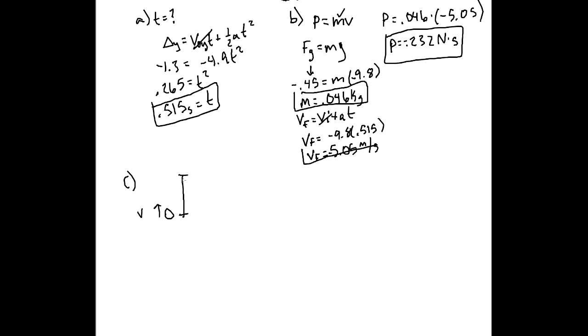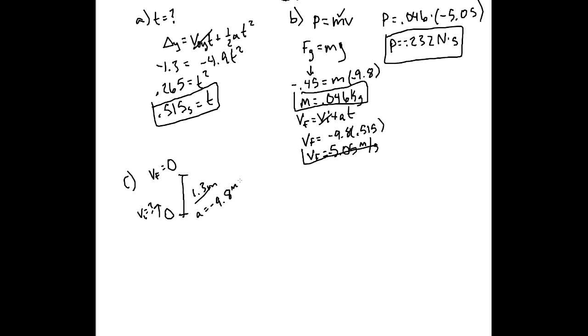So it says it bounces back up to its original height, so that means it's going to travel up 1.3 meters. Now, the speed at the very top is going to be 0. So I need to calculate what my initial speed is. Now, I don't know the time, but I do know the height, and I also know the acceleration.